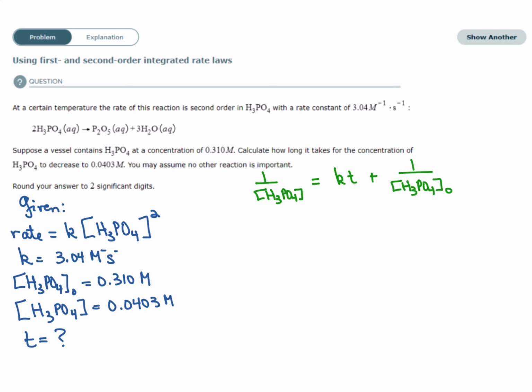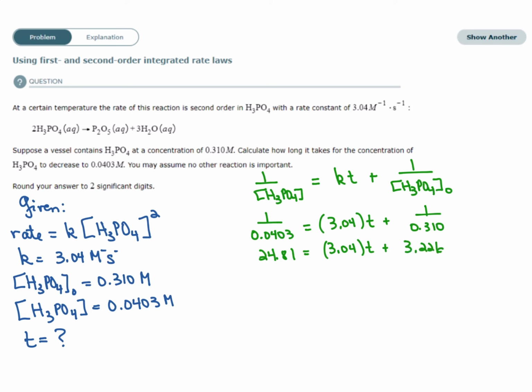And now that I have a clean equation, I can start plugging in some numbers. I'm going to get all my constants on one side, my variable on another side.